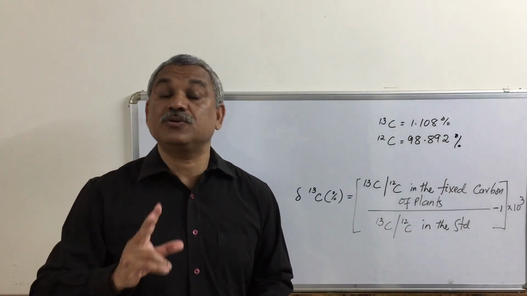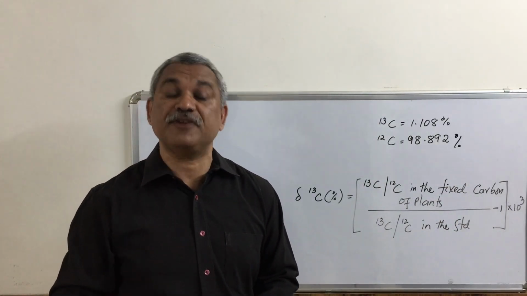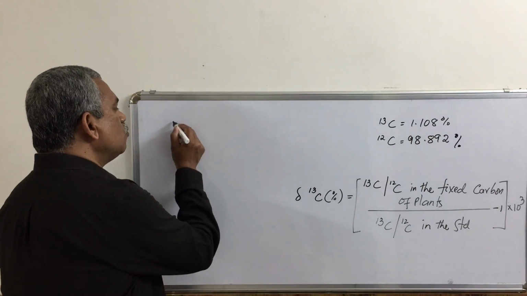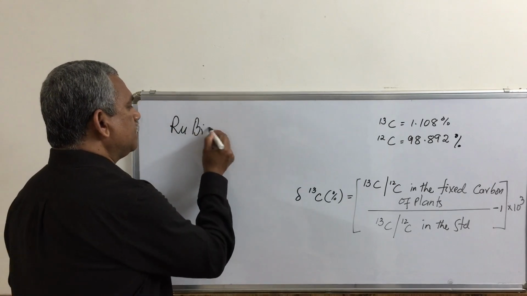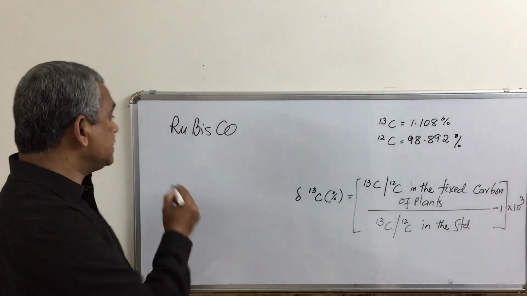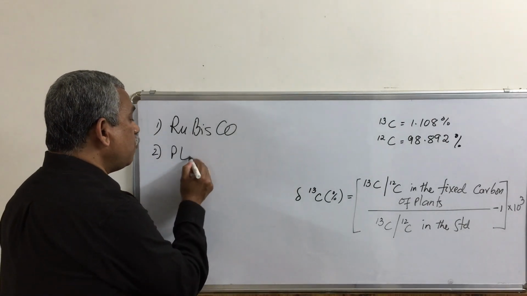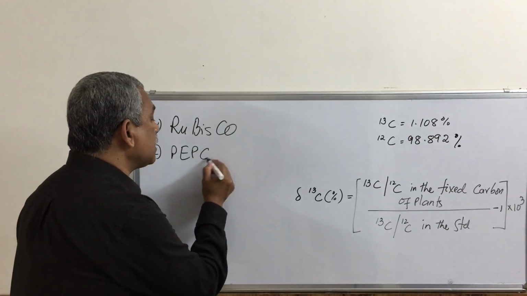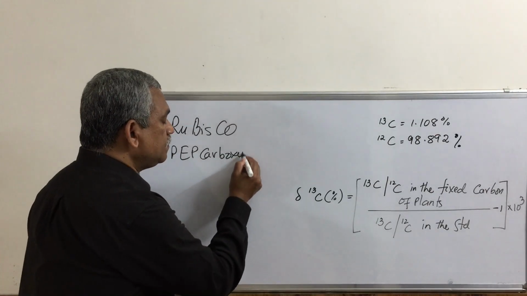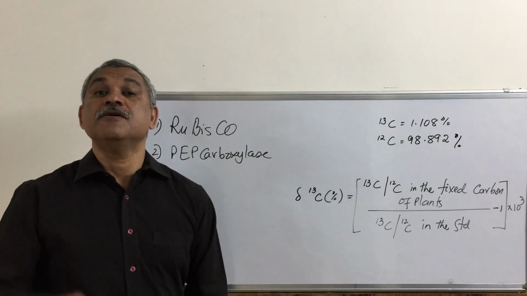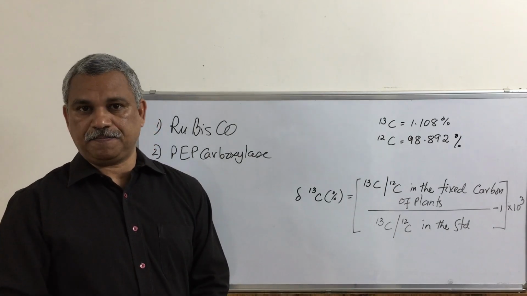There are two crucial enzymes in fixation of carbon. One enzyme is rubisco, and the second enzyme we have encountered is phosphoenol pyruvate carboxylase. These are the two enzymes that are used for fixing carbon dioxide.